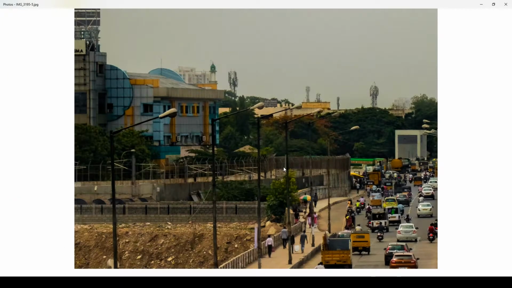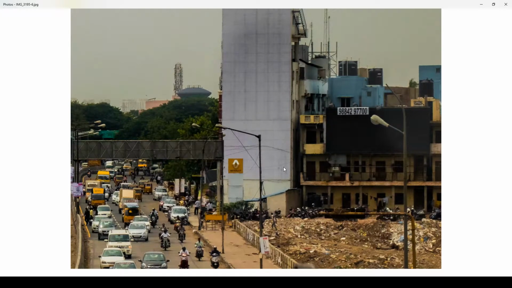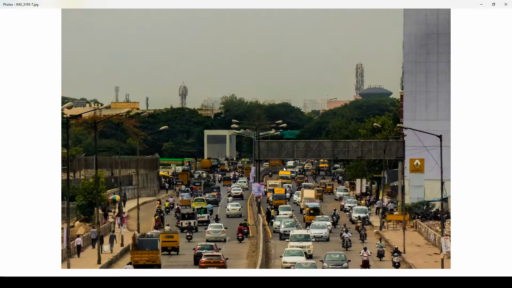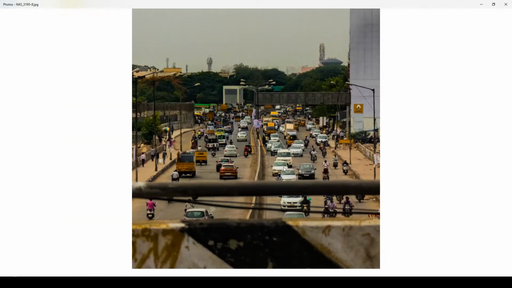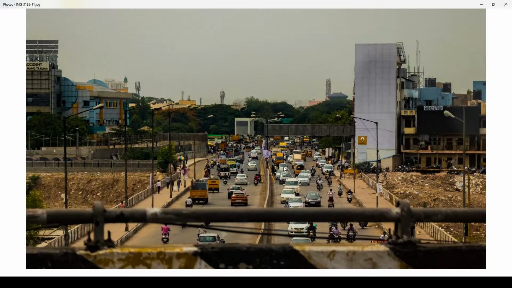Looking up there, there's actually quite a cool building over to the left that I didn't notice when I was shooting. But that on its own could make a great shot. Going out to the right of the photo, you can see by doing this the buildings take priority and the traffic fades back. Then we're cutting out the bridge from the photo, and now we're looking at the traffic. This is a cropped version of the original photo, and then we're slowly building back to this photo.